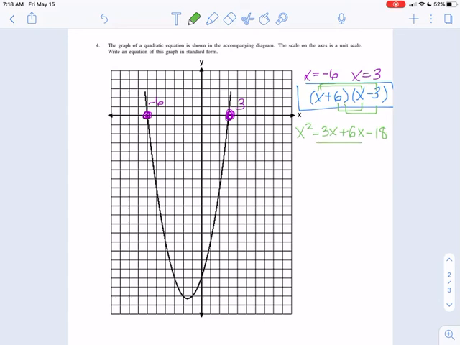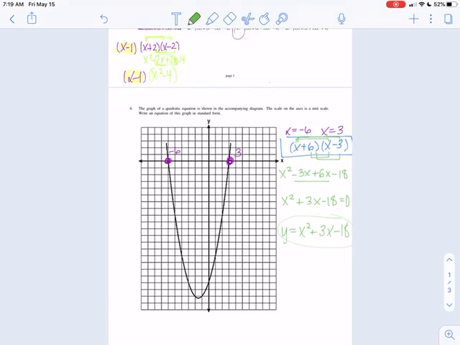Combine your like terms. We have x squared, -3 plus 6x is positive 3x, minus 18. And that is my quadratic. If we set it equal to 0, we get the solutions. If I want it as a written equation, I can also write y equals x squared plus 3x minus 18. This is the equation of this quadratic.